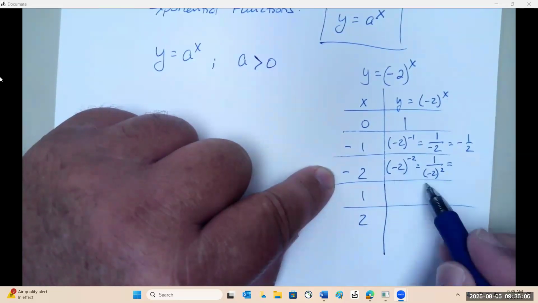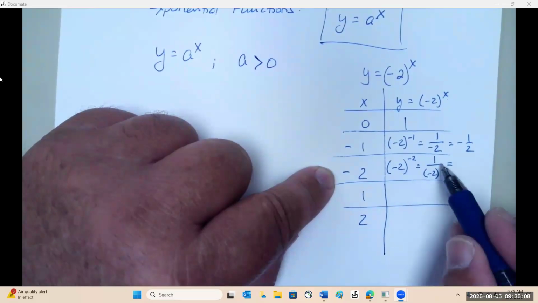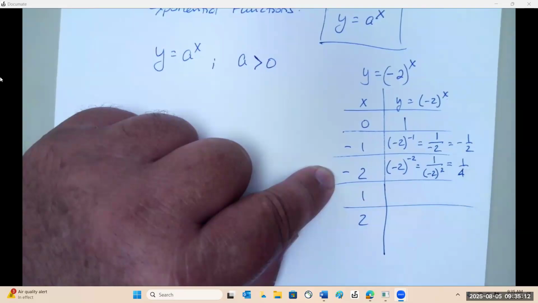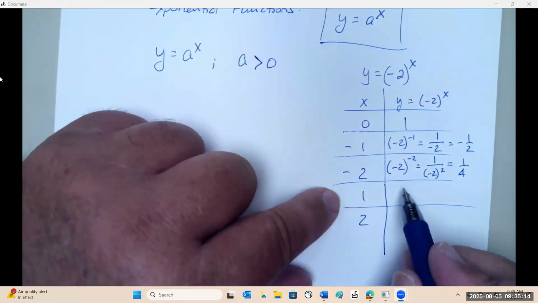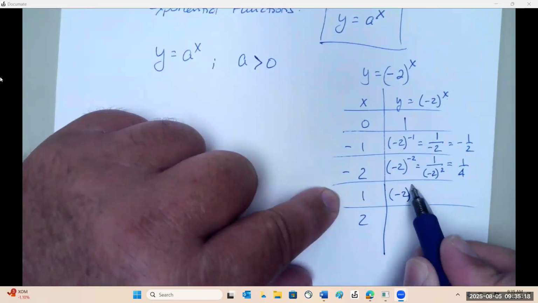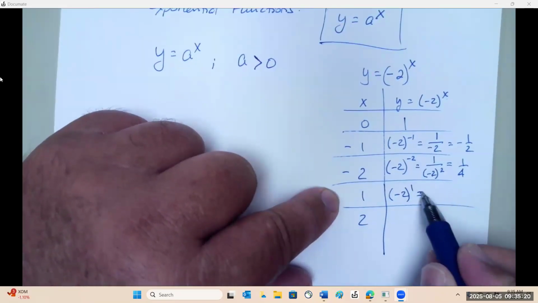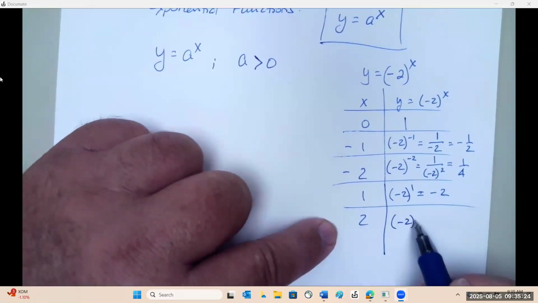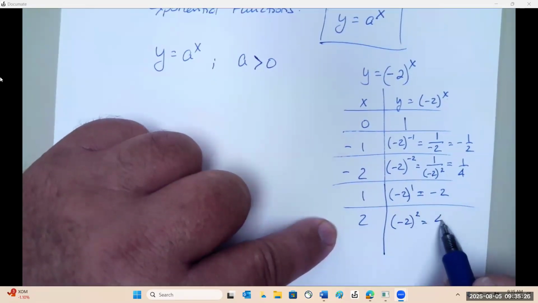I bring that equation to the bottom. That's all a negative exponent tells us. So what is -2 squared? 4. If x was 1, then we equal -2. If x is 2, then we have +4.